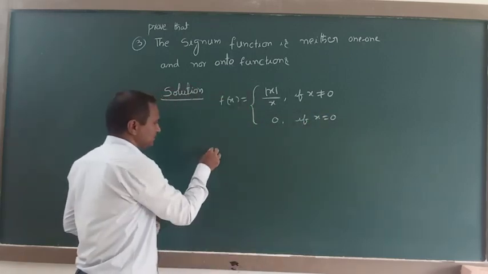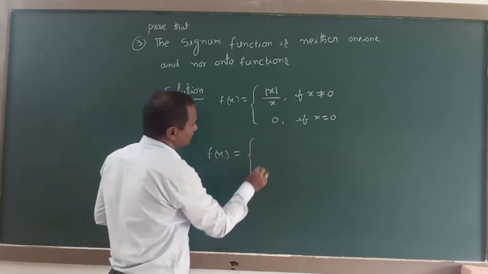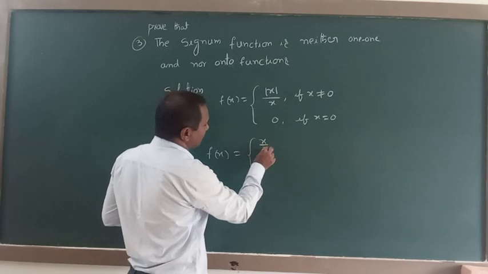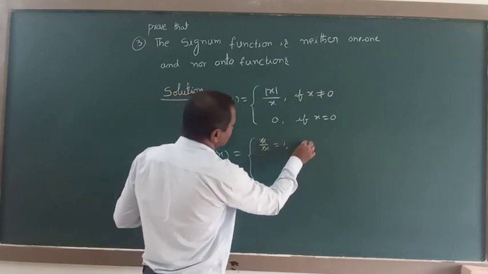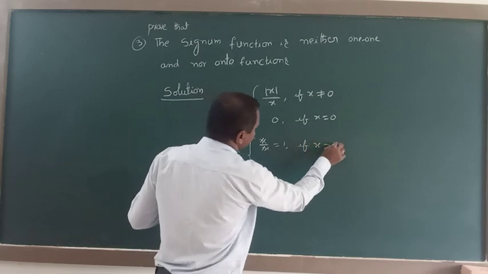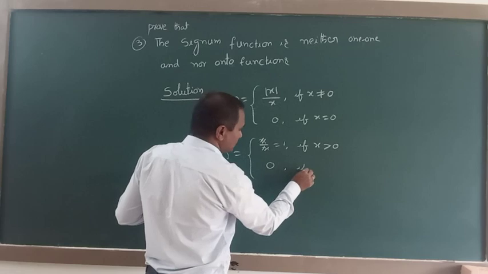That is f of x equal to plus x by x, which cancels and gives 1, if x is greater than 0. It is 0 if x equal to 0.